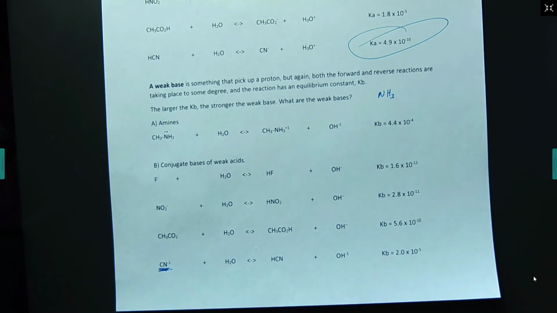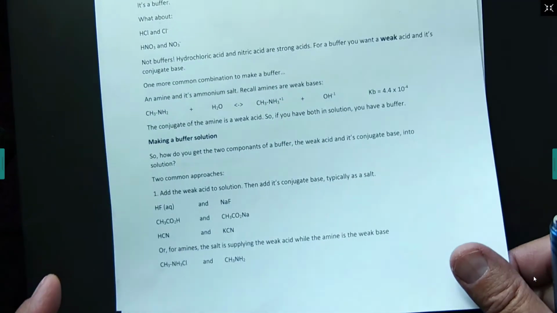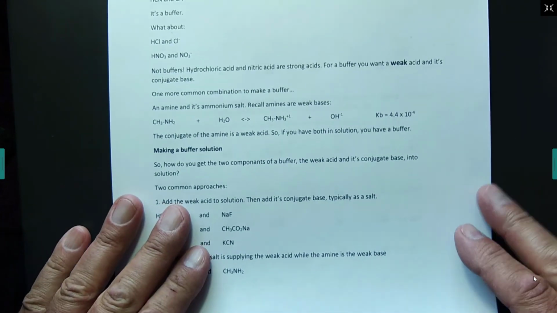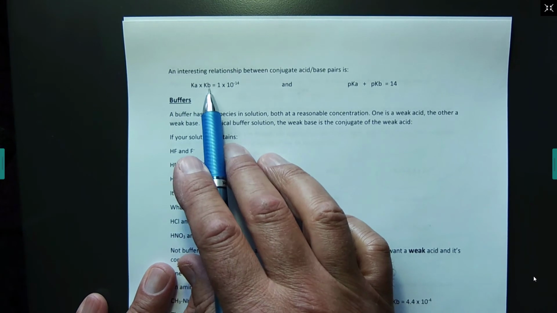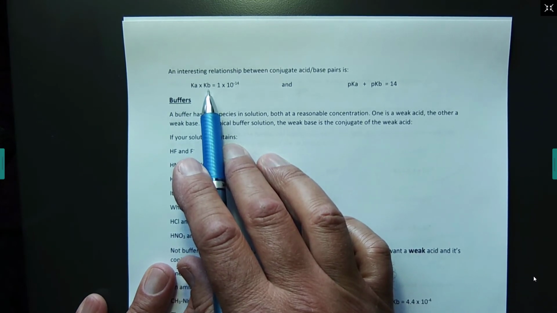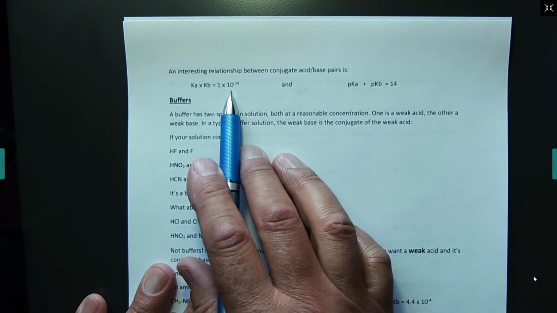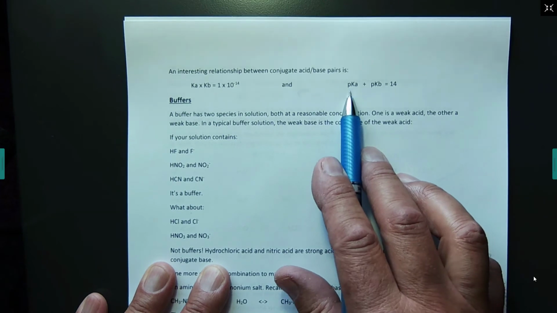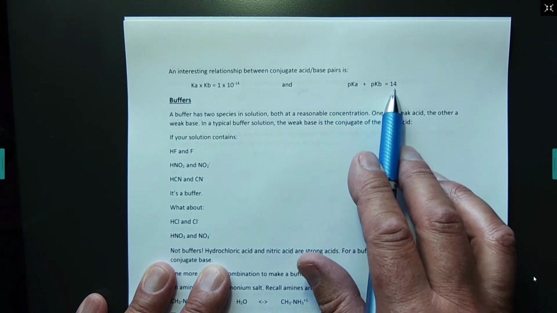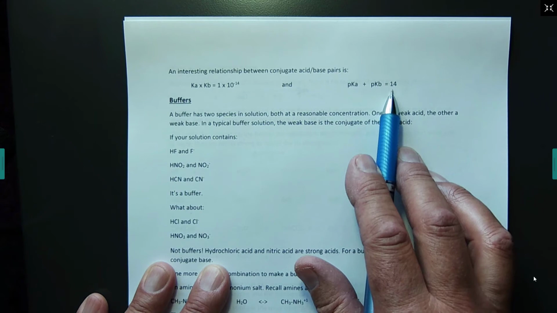So weak bases. Interesting relationship with weak acids and weak bases. The mathematical relationship is if you take Ka times Kb for a conjugate acid base pair, they have to multiply out to give you this constant. The other way of doing it, if you're talking pKa and pKb, pKa plus pKb have to add up to 14.